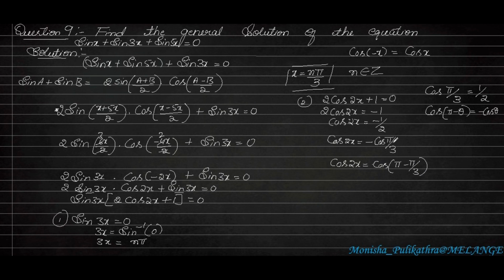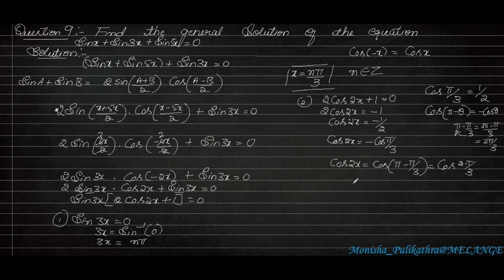So minus cos pi by 3 is also equal to cos(pi minus pi by 3). Here pi minus pi by 3, by taking LCM we will get (3 pi minus pi) by 3, which is equal to 2 pi by 3. So this is equal to cos 2 pi by 3. That is cos 2x is equal to cos 2 pi by 3.